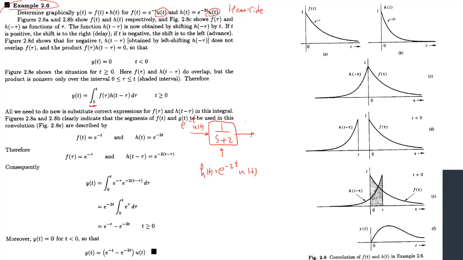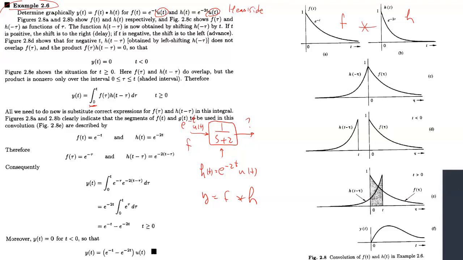What is my output? Easy, you do convolution. This is my f, this is my h. My y equals f convolved with my h.